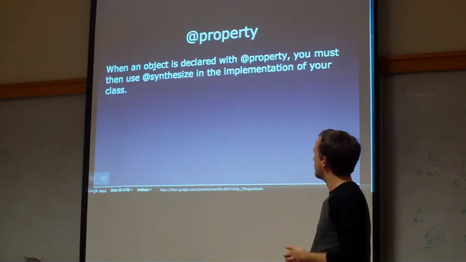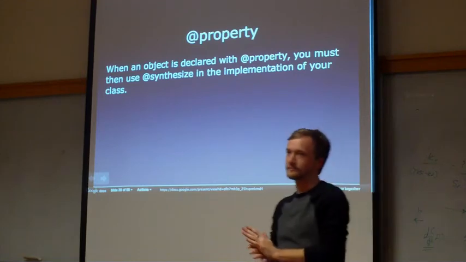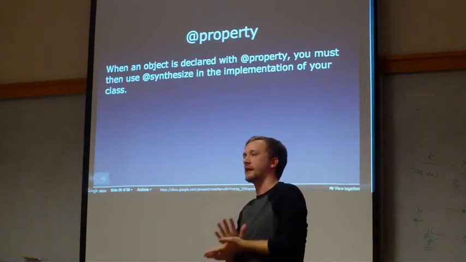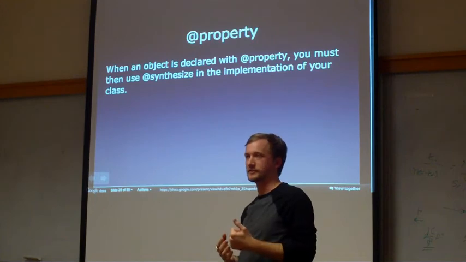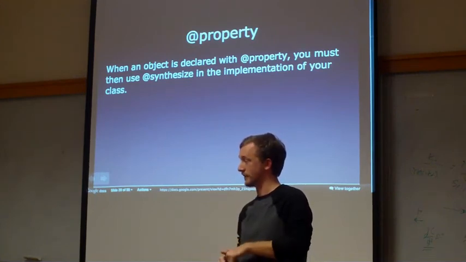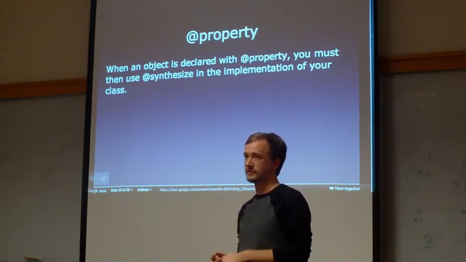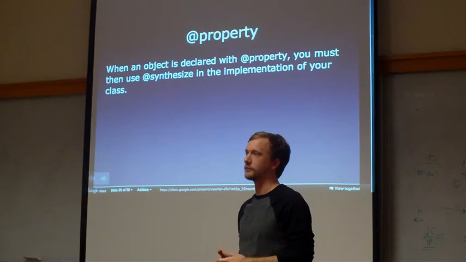Okay. So our @property. Whenever an object's declared with that property, you have to synthesize it. So, how many of you guys have ever used getters or setters in a program before? They're called accessors. Accessors, yeah. Probably some of you. Some languages take care of it for you, some don't.